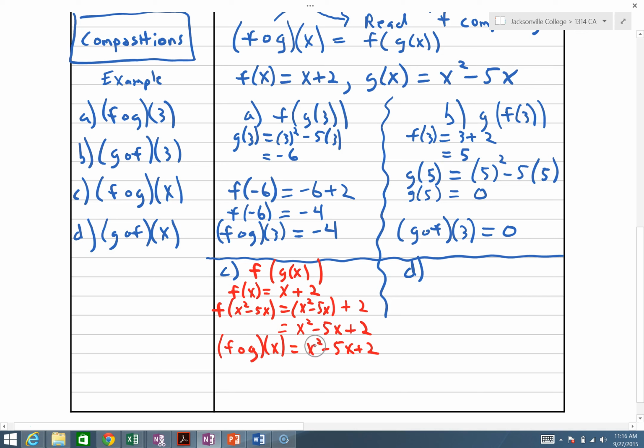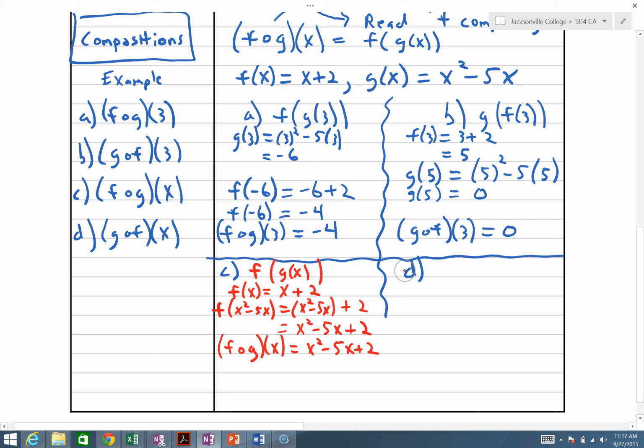Well, 3 squared is 9. 5 times 3 is 15. 9 minus 15 is -6 plus 2 is -4. If I use this function and I substitute this value 3, it indeed outputs this same value that we got from our previous substitution.